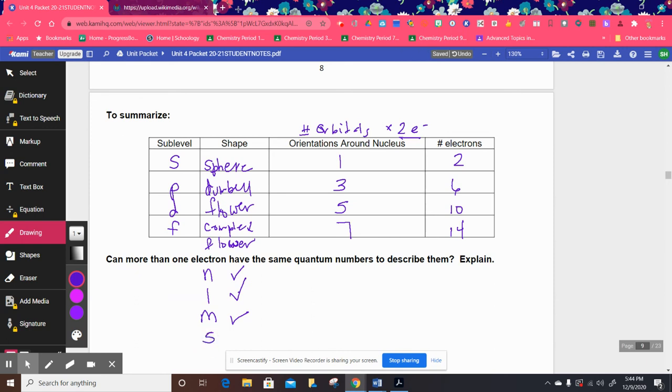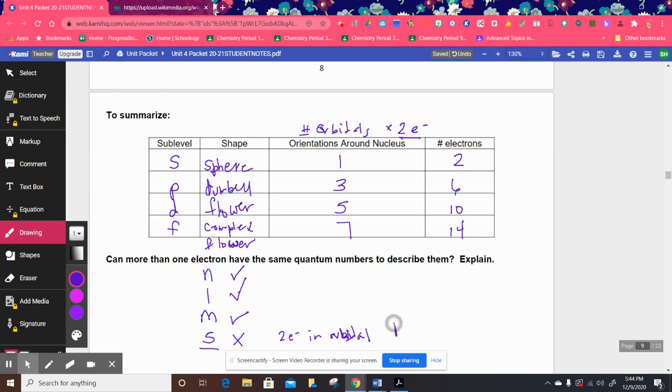Okay, so for the quantum number S, this is the one that makes it so that no 2 electrons can have the same 4 quantum numbers to describe them, because if 2 electrons are in an orbital, one is going to have an upspin. Oh, that says orbital. Sorry.